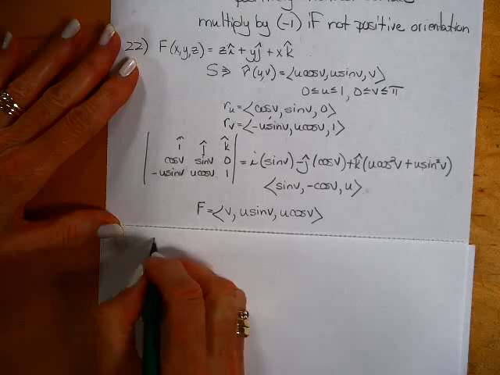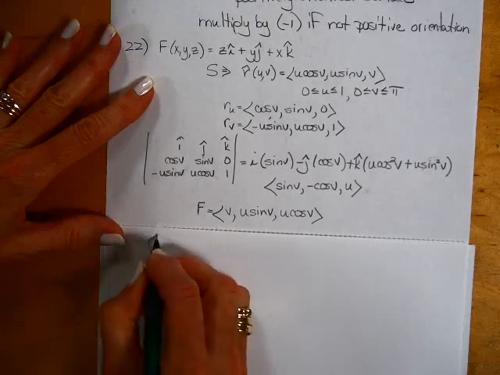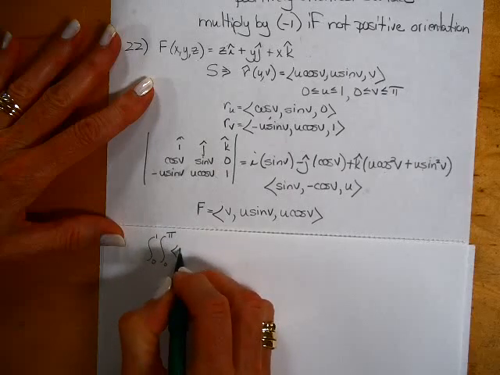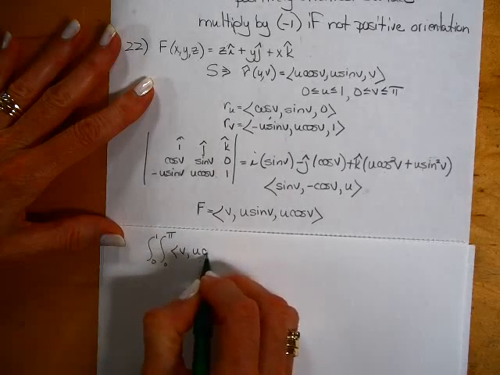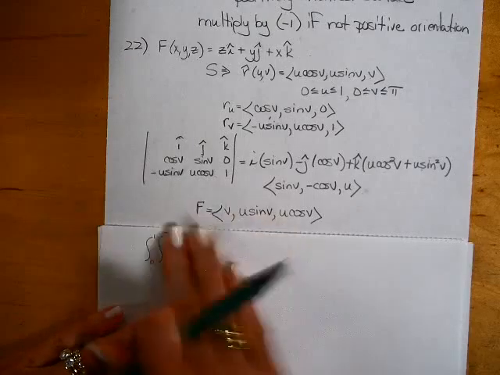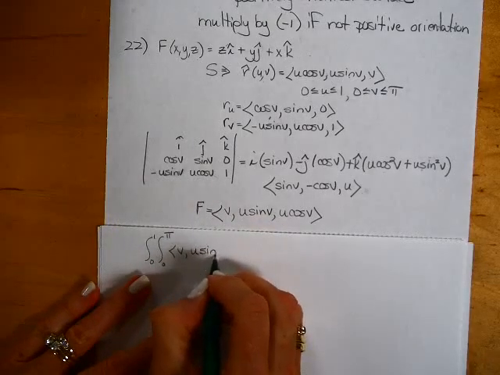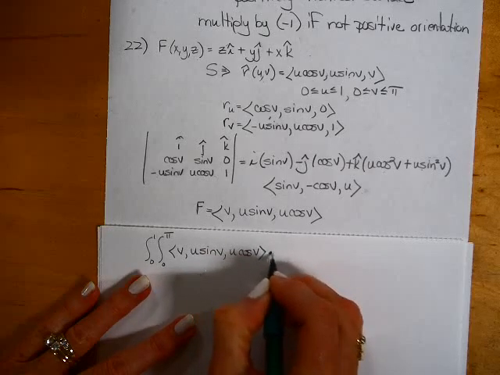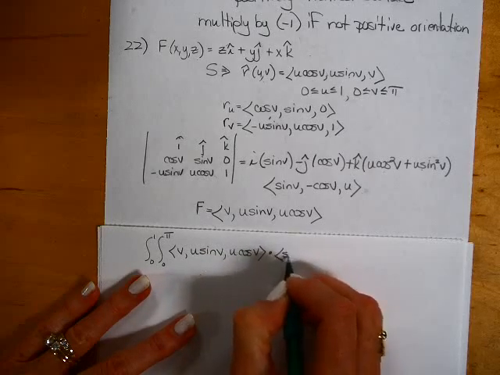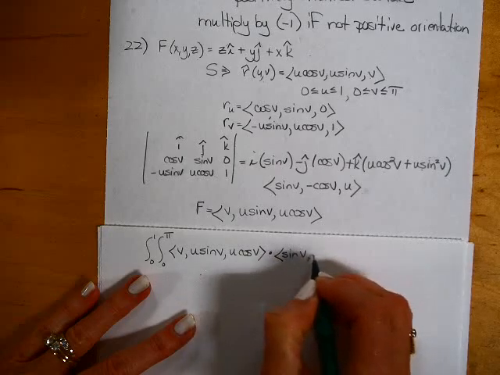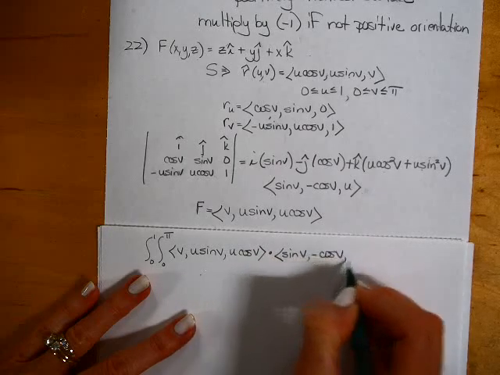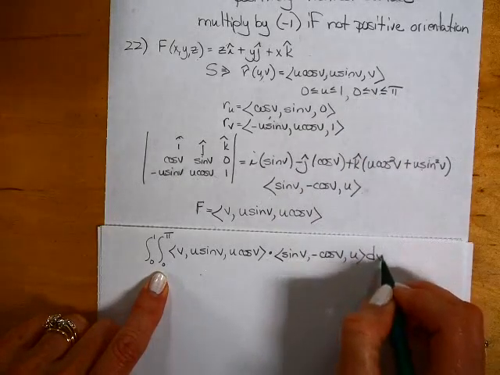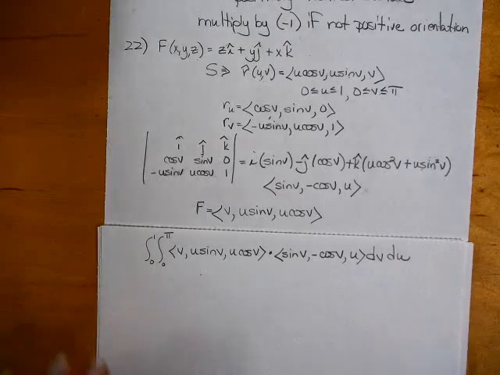So when I do my double integral, 0 to 1, 0 to pi, I'm taking the vector v, u sine v, u cosine v. I'm going to dot it with that cross product. This is dv, this is du.